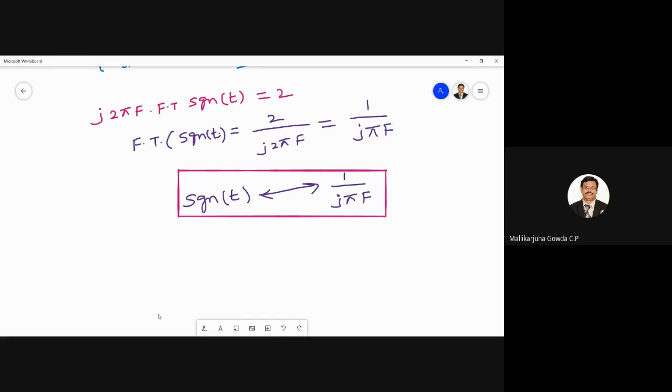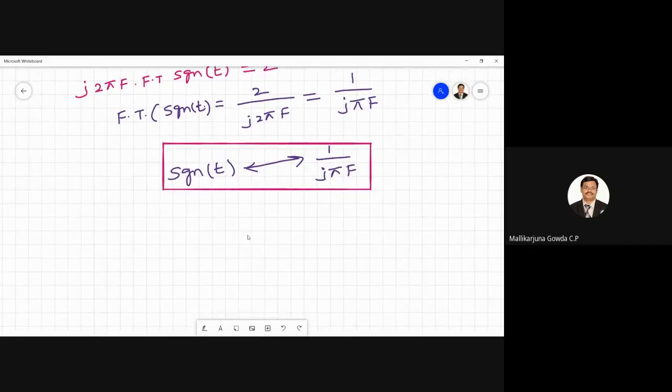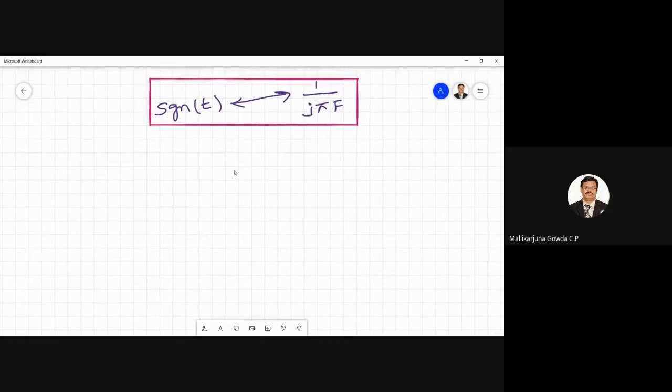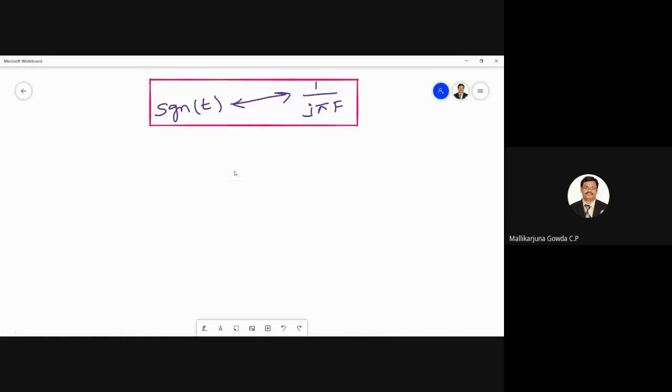So now let me use the duality property of the Fourier transform. You know what the duality property is? Anybody can say? Is nobody aware?